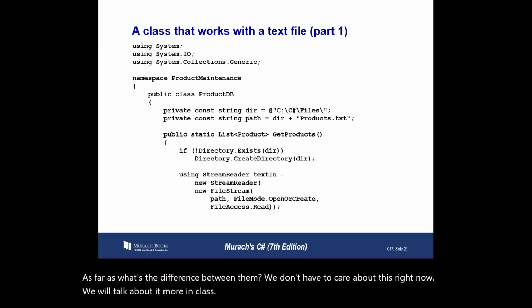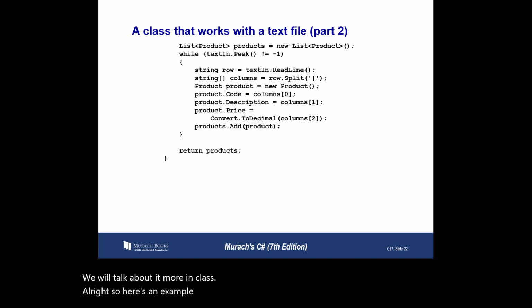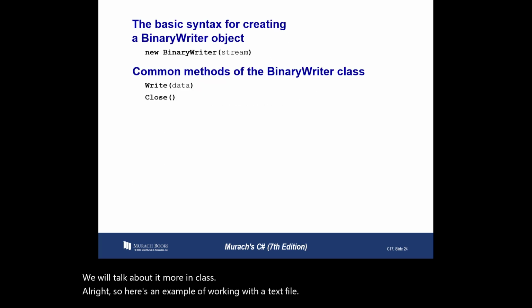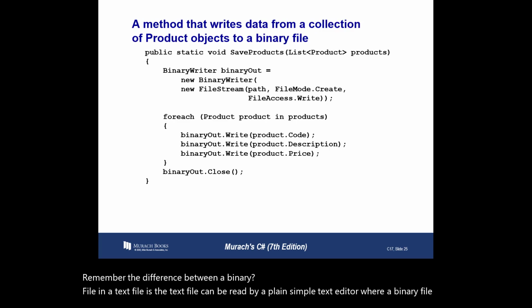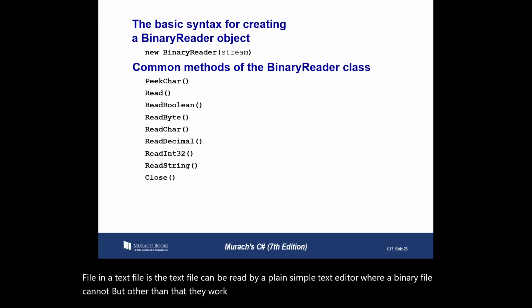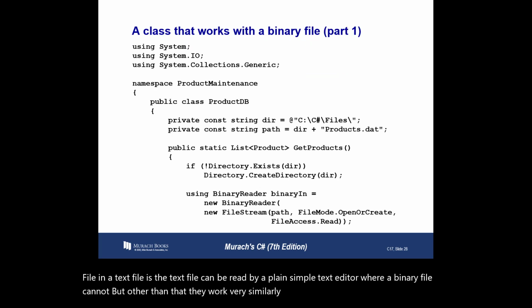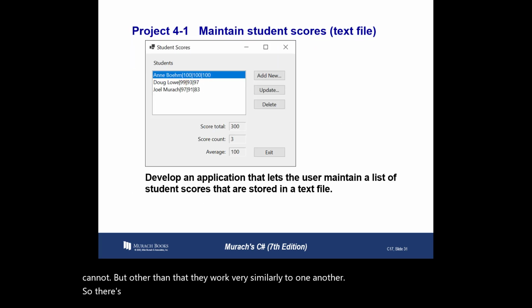All right, so here's an example of working with a text file. It's quite a big example. Remember, the difference between a binary file and a text file is the text file can be read by a plain, simple text editor, where a binary file cannot. But other than that, they work very similarly to one another. So there's another example here with a binary file.